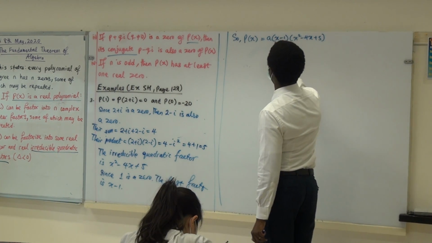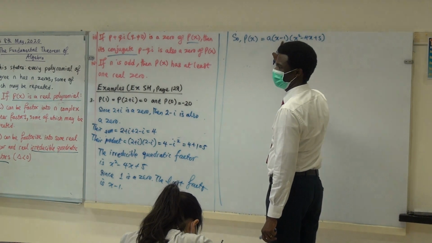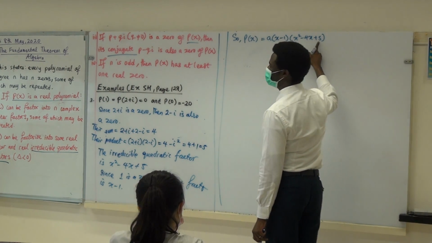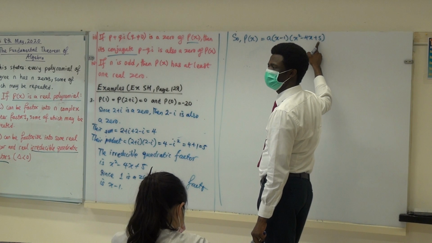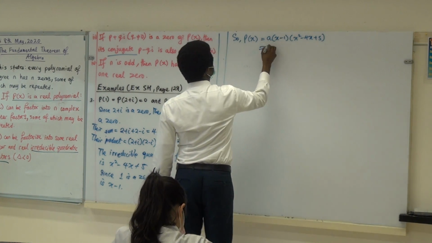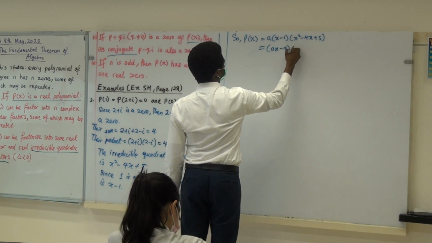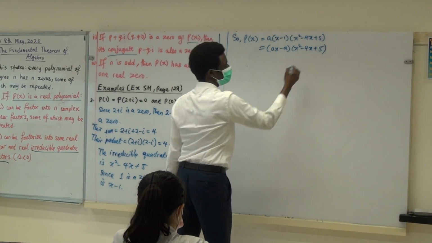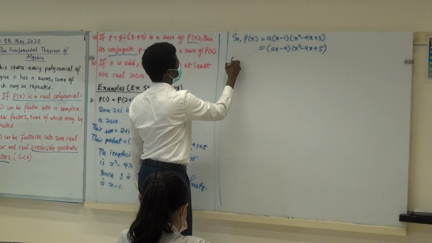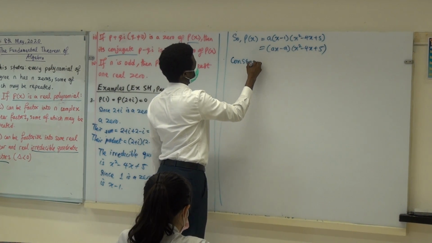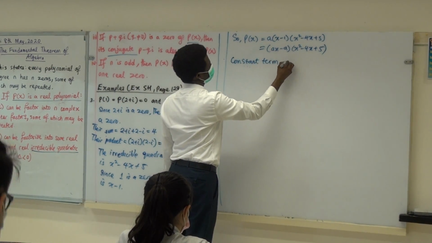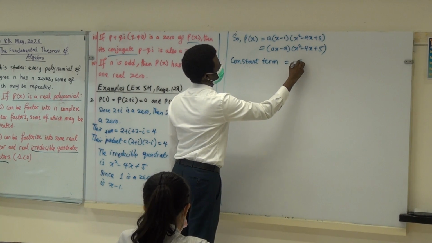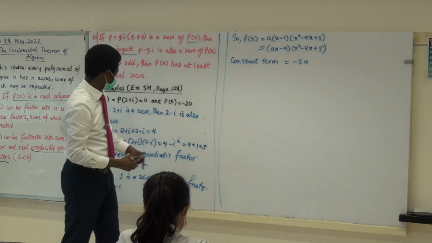This would be ax times x squared, and the constants after the expansion will be what? So this is a(x minus 1)(x squared minus 4x plus 5), so the constant term is definitely what? Negative 5a. And this is your constant term.